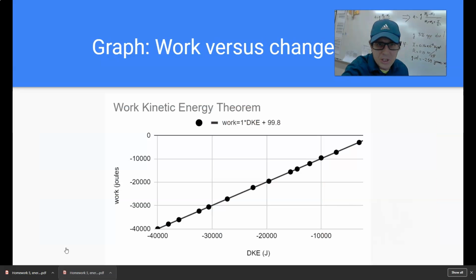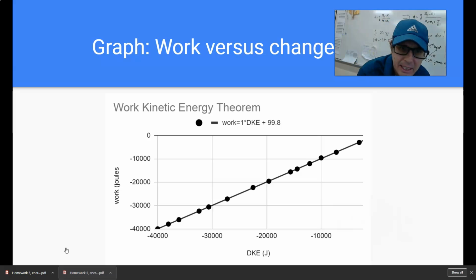This is an indication that they are equal. If you plot the graph, you see that the slope is 1. The y-intercept is not 0, but look at the values on the y-axis. It goes from 0 to 4,000. So positive 99 out of negative 20,000 is not much.